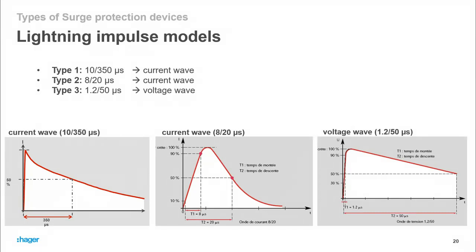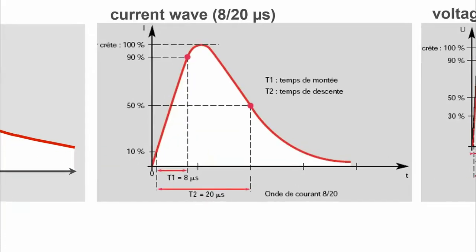Let's go a little bit deeper and understand what these numbers are: 10-350, 8/20, 1.2/50. Let's concentrate on the type 2 wave, for example. Just understand that 8/20 are time periods. Both the numbers are time periods measured in microseconds.